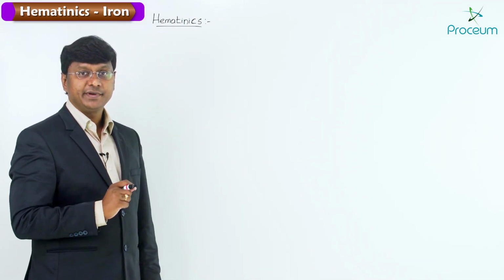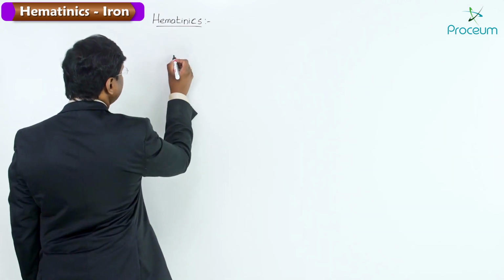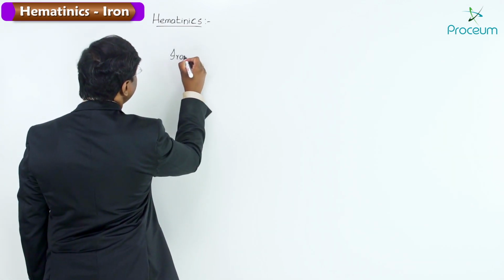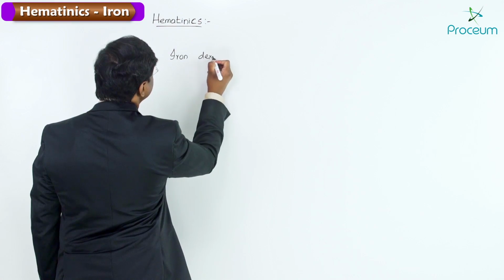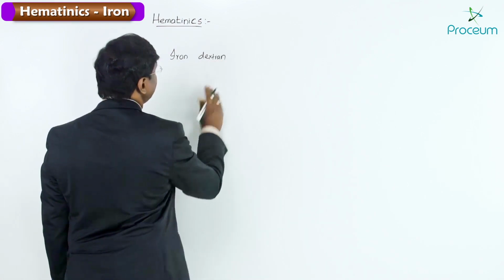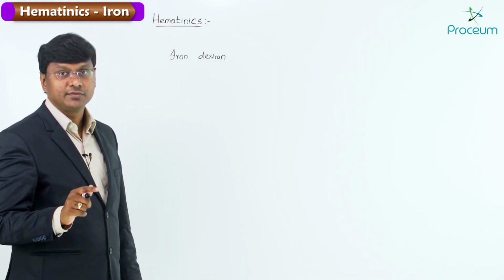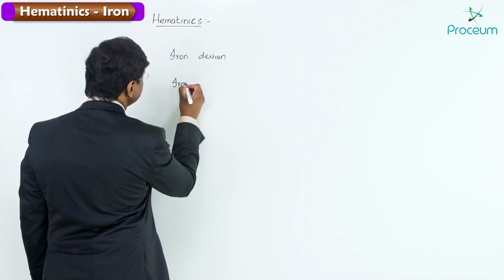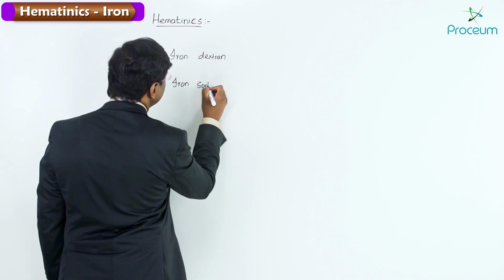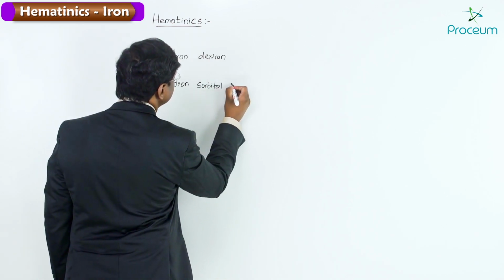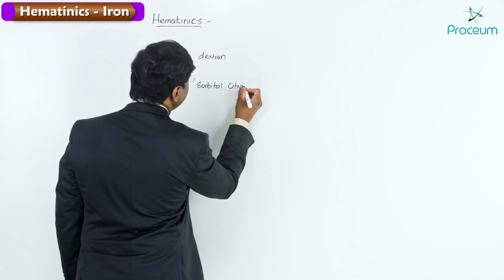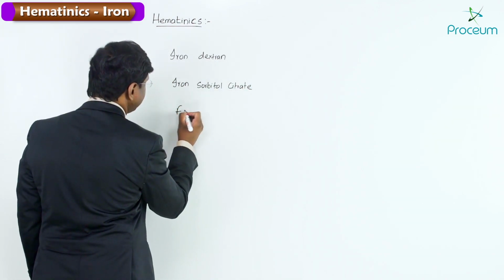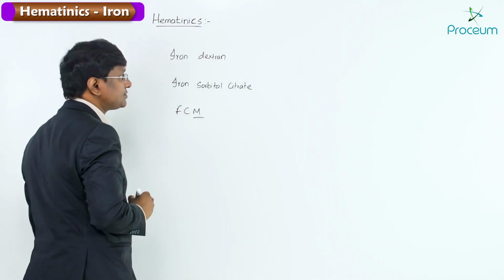The parenteral iron preparations are Iron Dextran, and the other important formulation is iron sorbitol citrate. Then lastly we have FCM, that is Ferric Carboxymaltose.